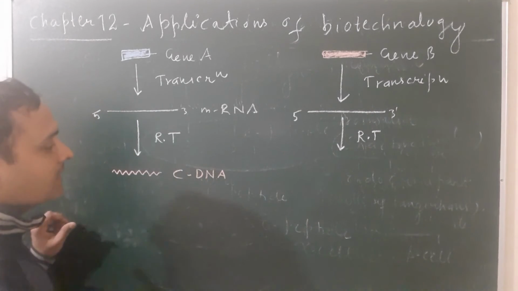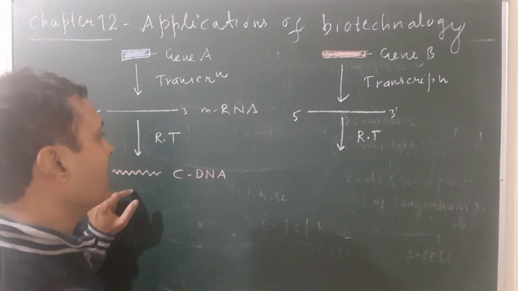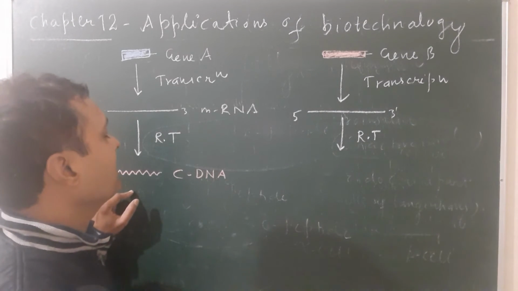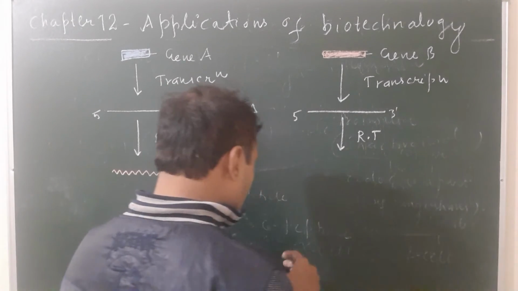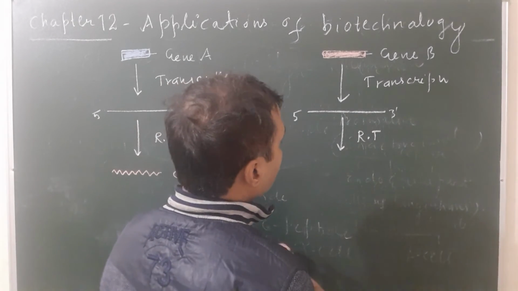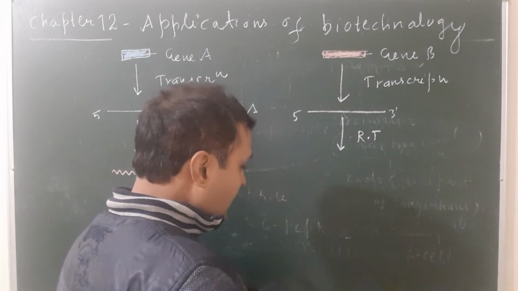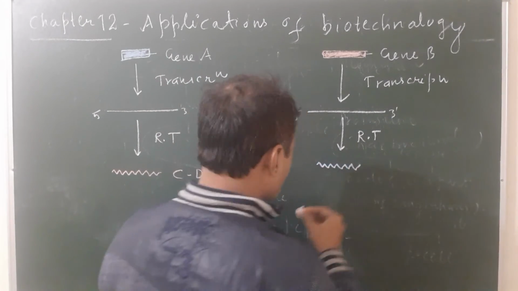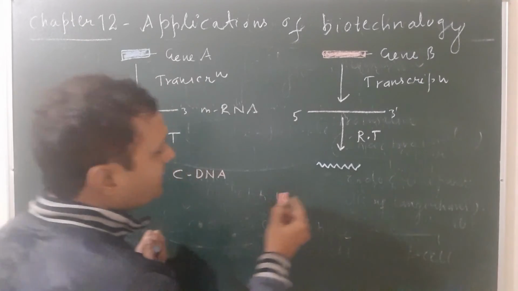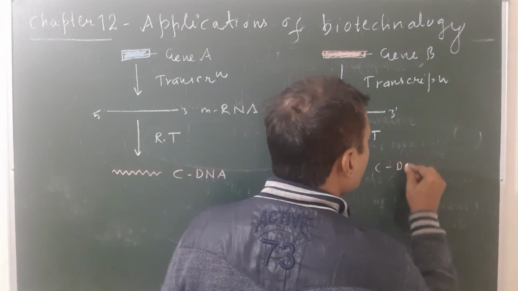What is cDNA? The DNA synthesized from mRNA by the action of the enzyme reverse transcriptase is known as cDNA. So this is the cDNA for the A chain, and this is the cDNA for the B chain.